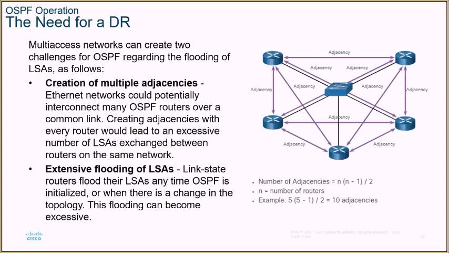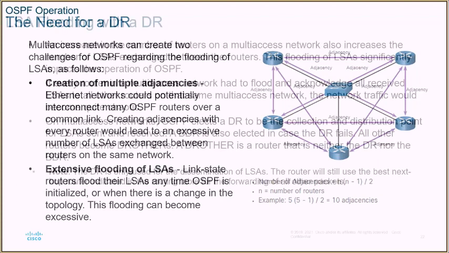Multi-access networks can create two challenges for OSPF regarding the flooding of LSAs. You've got many adjacencies, so Ethernet networks could potentially interconnect many OSPF routers over a common link. Creating adjacencies with every router would lead to an excessive number of LSAs exchanged between routers, and extensive flooding of LSAs when there's been a change in the network, as I was explaining.